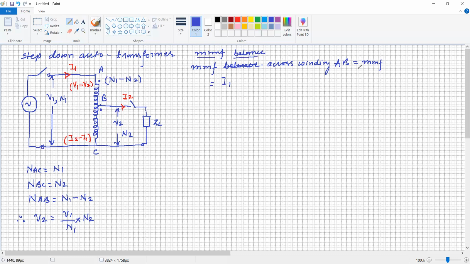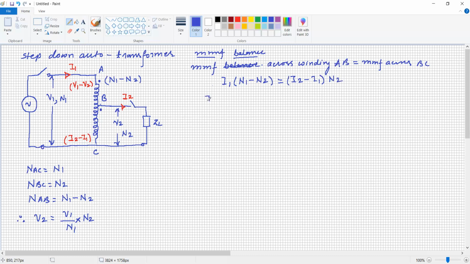The MMF across winding AB is equal to the MMF across winding BC. The current I1 flowing between A and B is I1 into bracket N1 minus N2, equal to the current flowing in this terminal B to C, which is I2 minus I1, multiplied by N2.